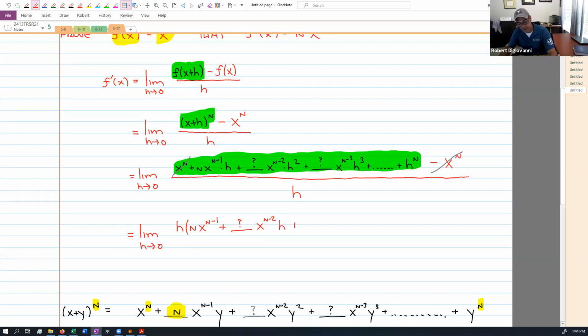And then I have plus, now I don't know this number, and this is going to be x to the n minus 3. And I pulled an h from here, so I should have an h squared here. Plus dot, dot, dot, till I get to the end. And I have taken one h out here, so the power should be 1 less than it was to start. If the power was n, now it's n minus 1. All of this divided by h. And these h's cancel.